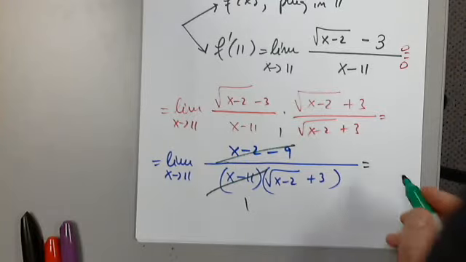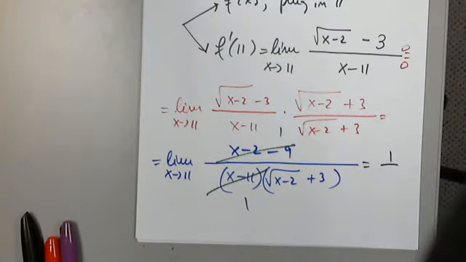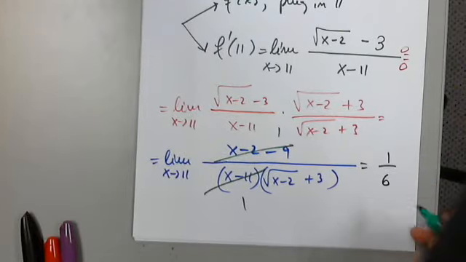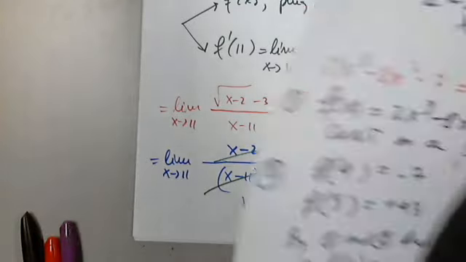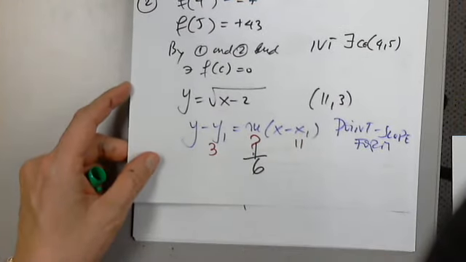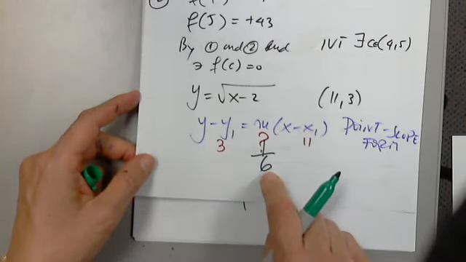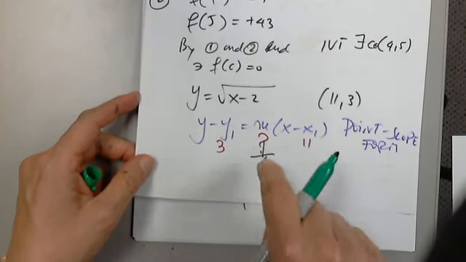The numerator is 1 and the denominator is? Good. So finally, I have what I needed. So it's right here. What is? It's 1/6. That's the slope of the tangent line to the graph of the given function at 11, 3.